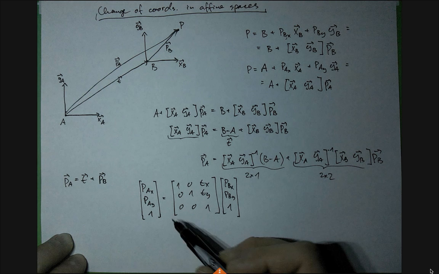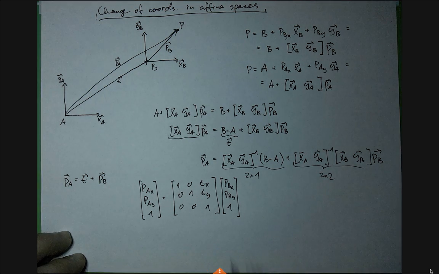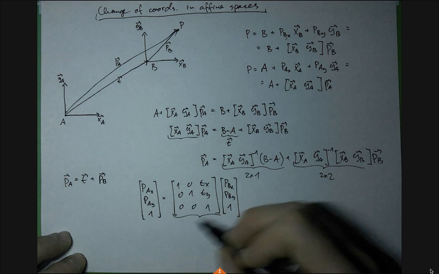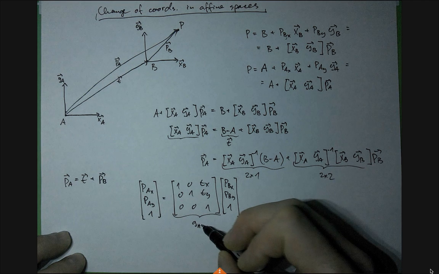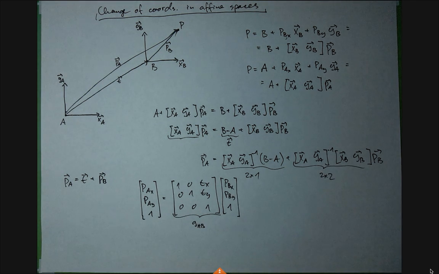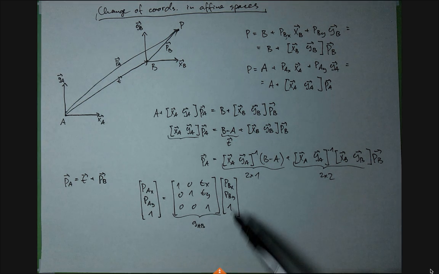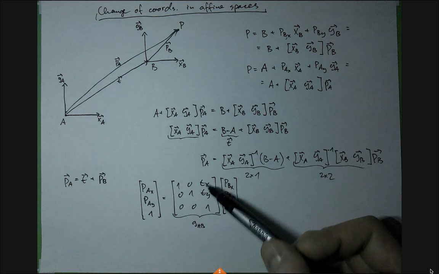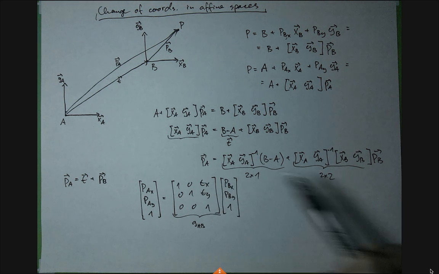So this would be my G_AB matrix, converting from B coordinates to A coordinates. If I want the opposite conversion from A coordinates to B coordinates, I need to invert the matrix. In this simple case where it's just translation, that just means flipping the sign on Tx and Ty, right?